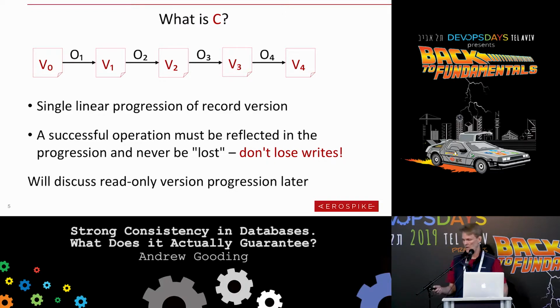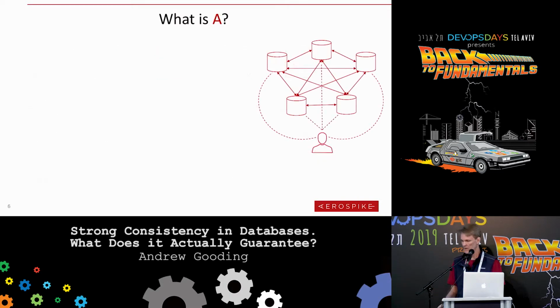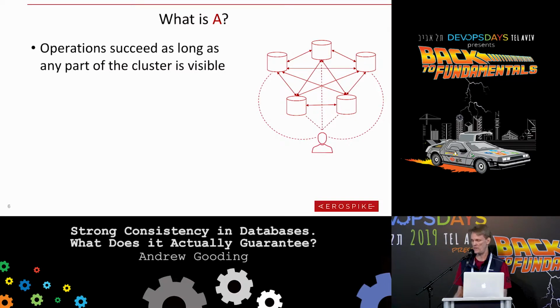So, okay, what's maximum availability? In simplest terms, that means that my operations are going to succeed as long as any part of the cluster is visible. So, for example, I may have a bunch of connection failures.